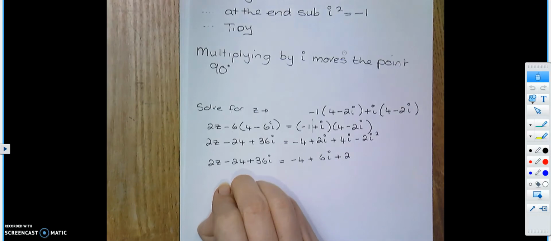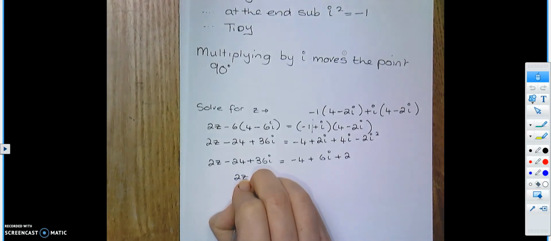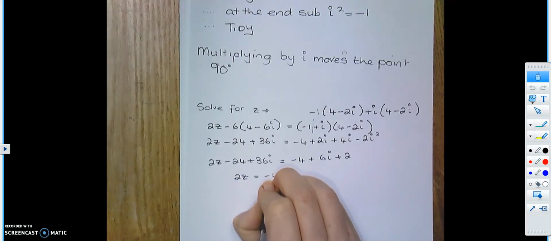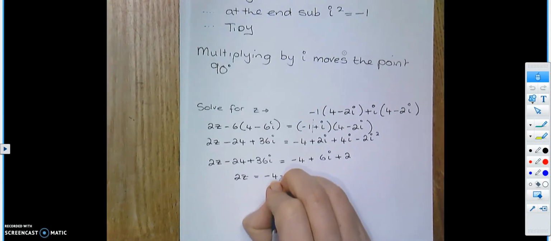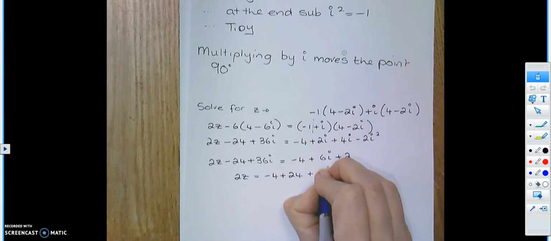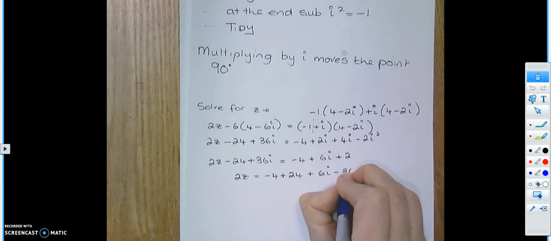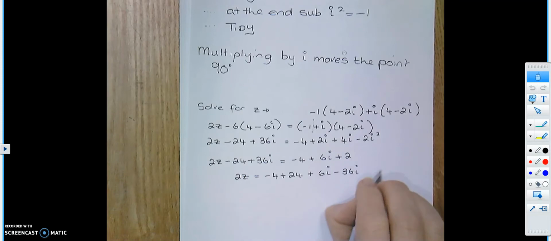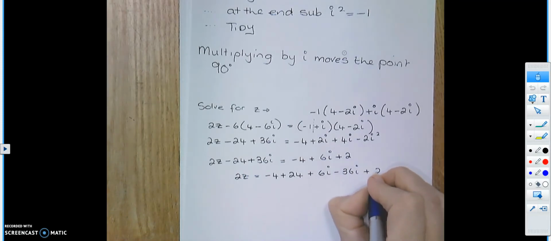Okay, then I'm tidying it up again. So I have 2z is equal to -4. This came over, so I got plus 24 plus my 6i, and then I got minus 36i because it went over, and plus 2.